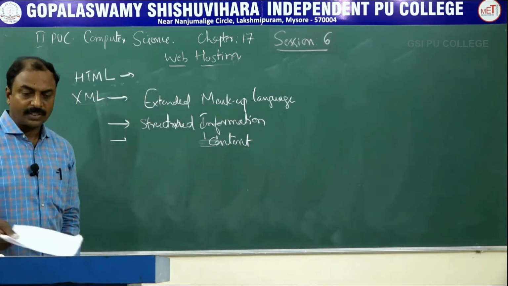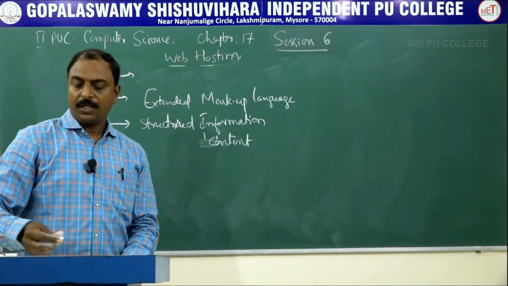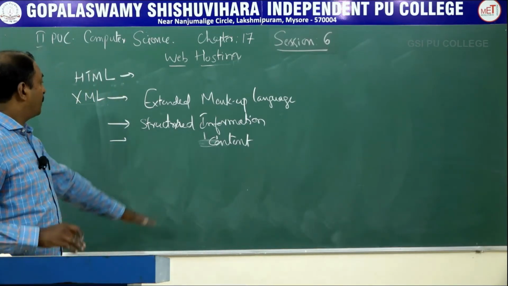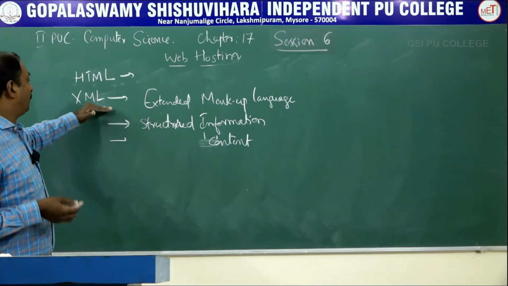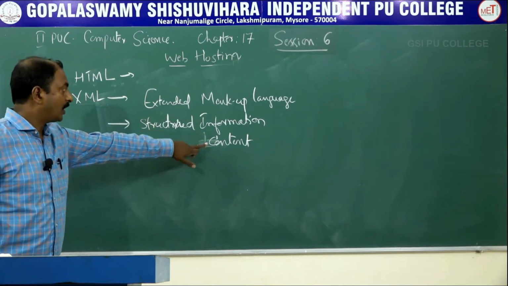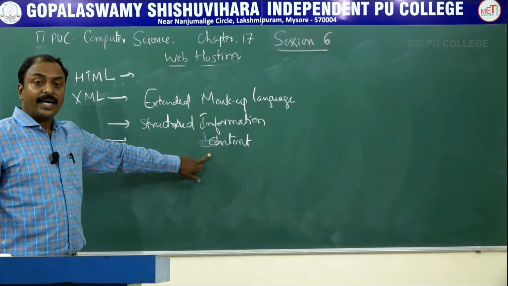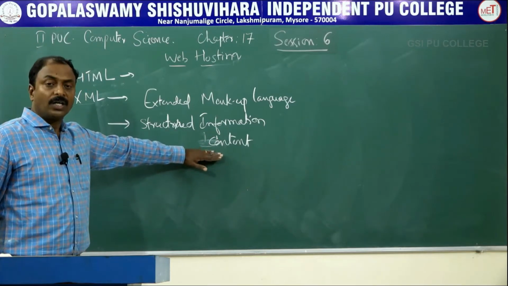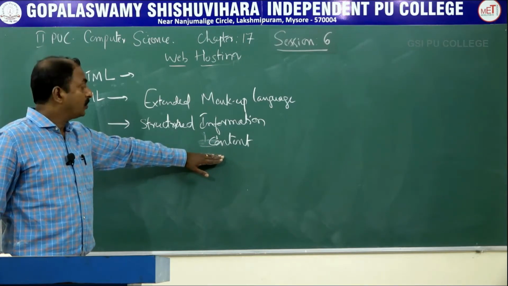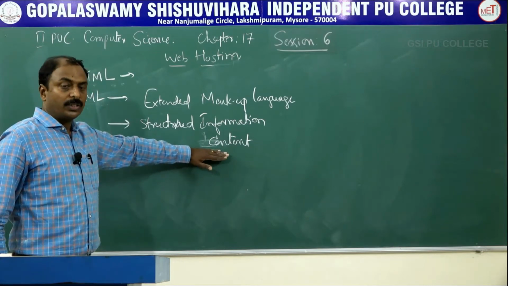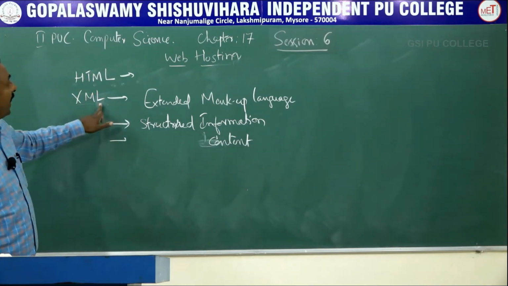What is the meaning of the word structured? It means all the information or contents can be structured or arranged in a definite order, in a definite fashion. So that is the meaning of XML.